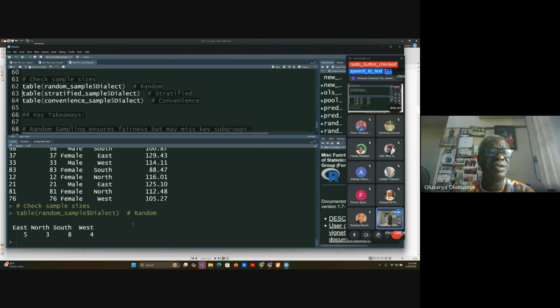In this random sample, those whose dialect is East are 5. Those whose dialect is North are 3. South 8, West 4. Out of the 20.